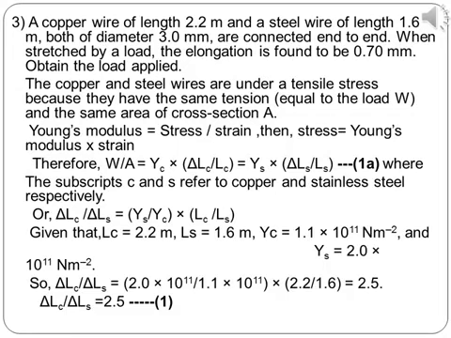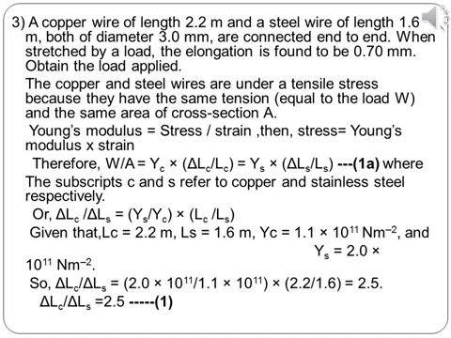Since the stress is common to both copper and steel wire, stress is equal to W by A, equal to Young's modulus of copper into its strain, equal to Young's modulus of steel into its strain.